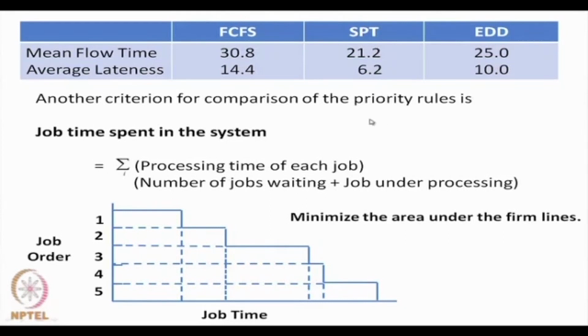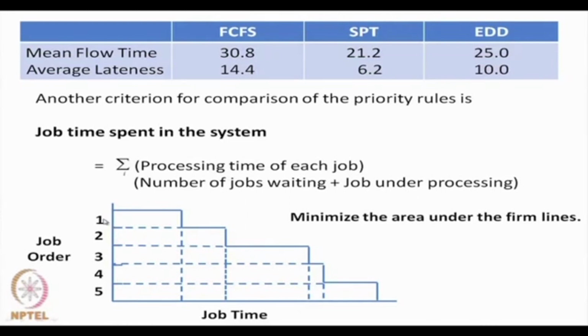Now, here we are suggesting still another criterion. Look at this, this is the job time and this is the job order for the first come first serve priority rule. What is first come first serve priority rule?